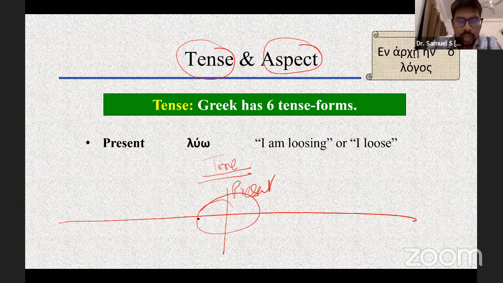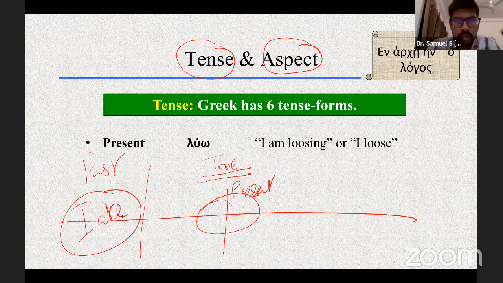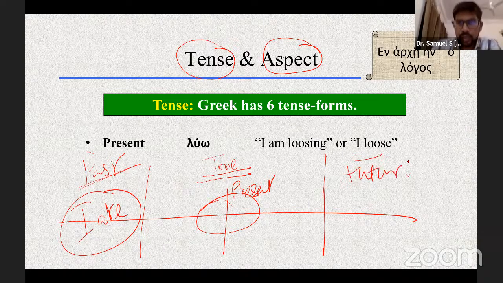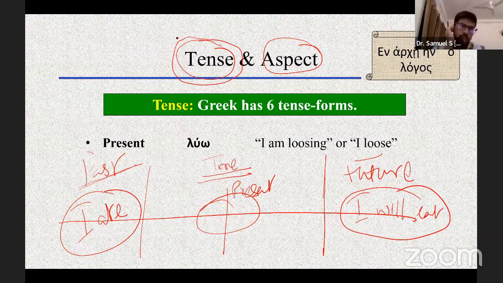For example, I am eating. And then we think of the past tense, I ate, or I was eating, something like that, past time. And then we think of the future tense in English, which is about future time. I will eat, right? That's how we think about tense in English.